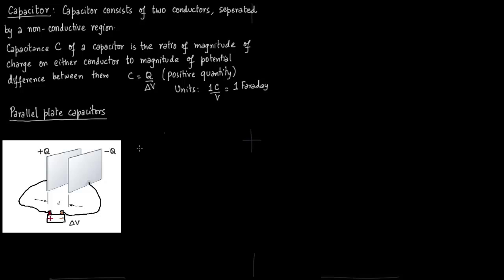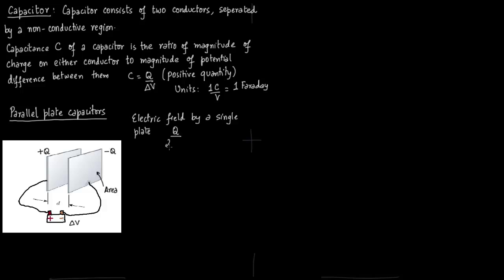Now we talk about parallel plate capacitors. The electric field generated by a single plate which is positively charged, we have computed before at the end of chapter 1.